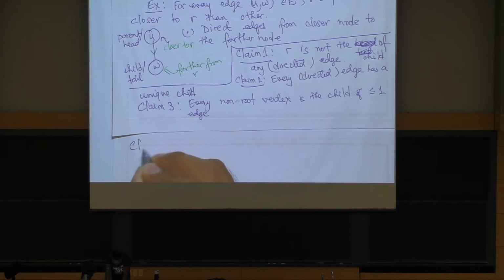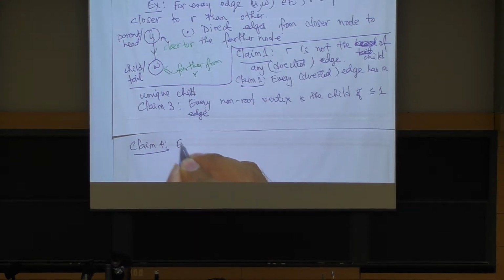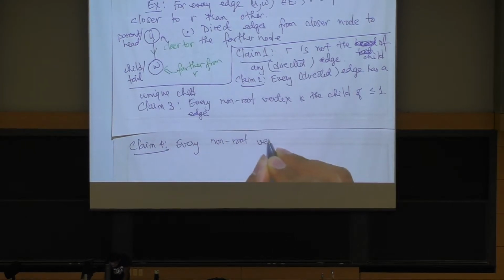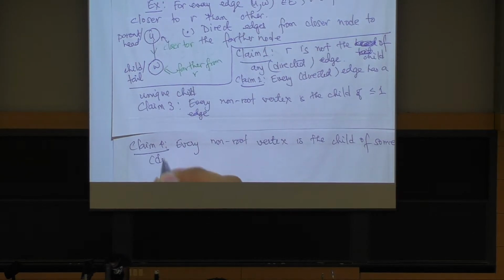And the final fourth claim is that every non-root vertex is the child of some directed edge.